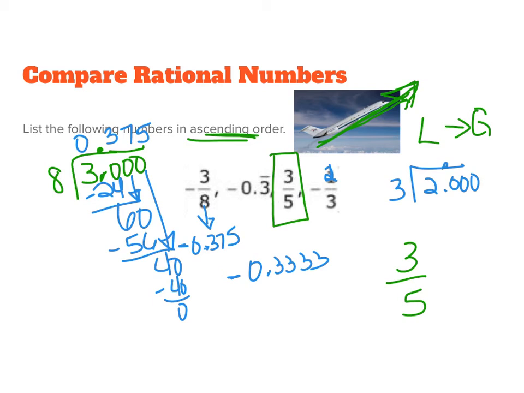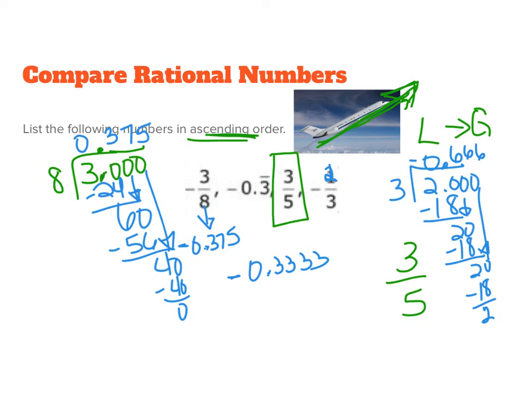Bring the 2 up. So now you have 3 into 2. 3 into 20 is 6 times, which is 18. Remainder is 2. And if you notice, this is a repeating decimal because it keeps going. So I'm going to just leave it like that, but it's negative.